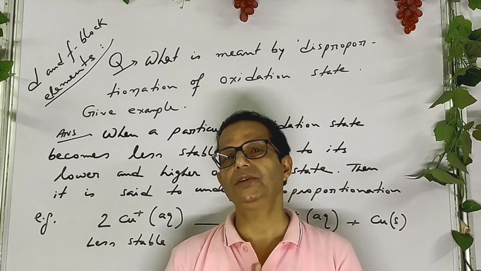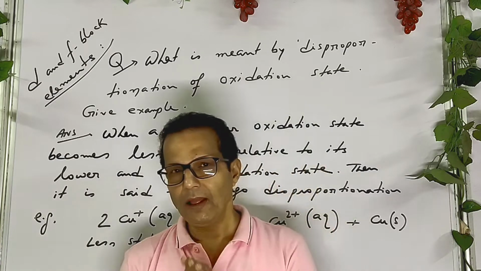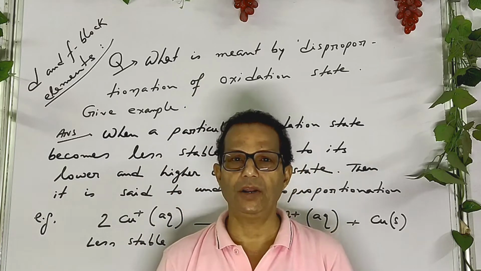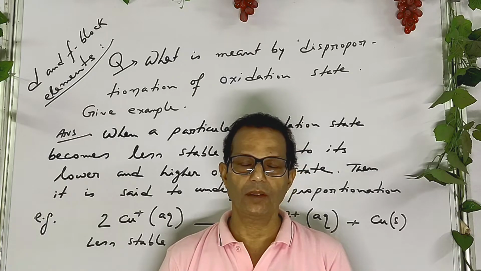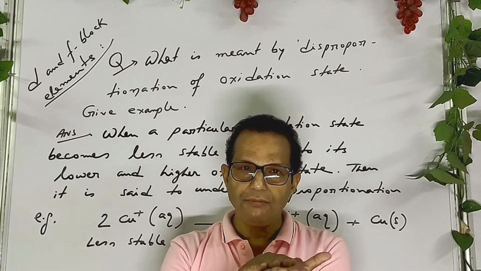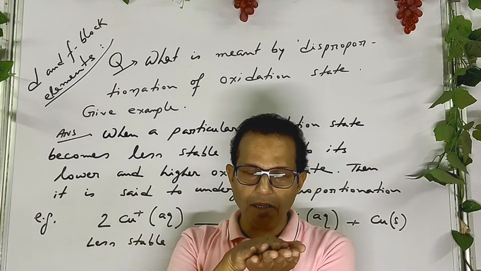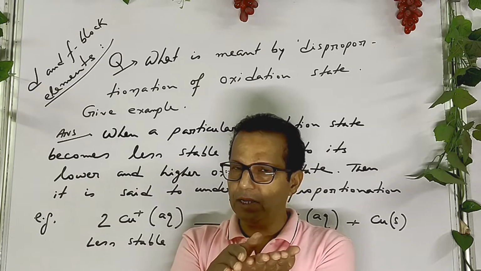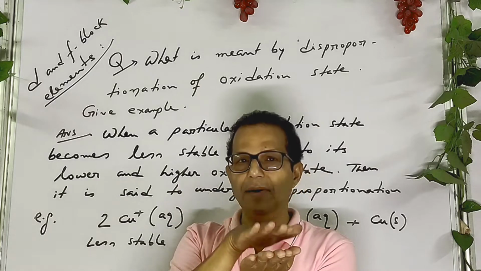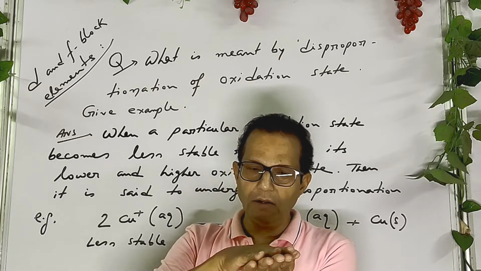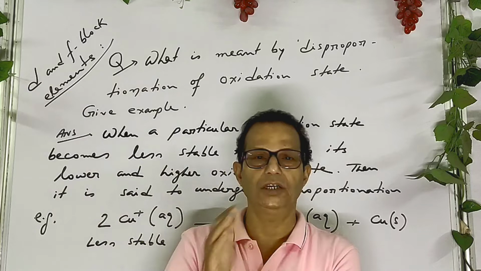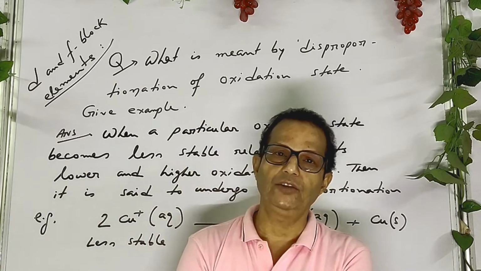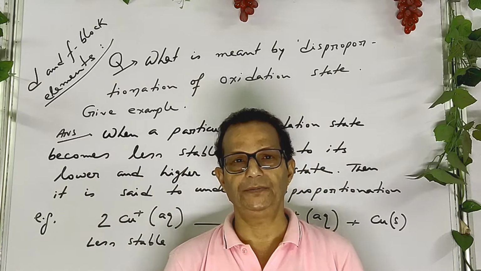What is disproportionation reaction? Actually, if we consider organic chemistry, then if molecules of the same compound simultaneously undergo oxidation and reduction, then it is said to be a disproportionation reaction.